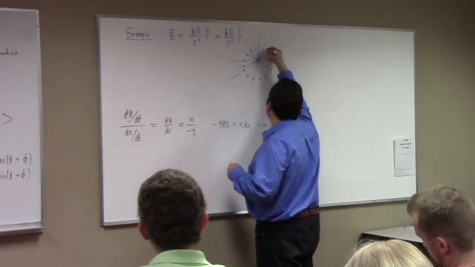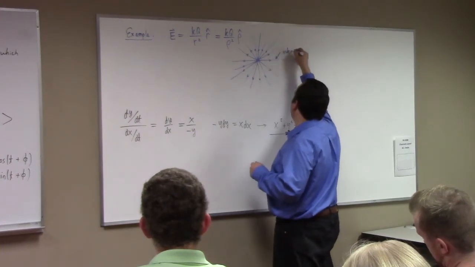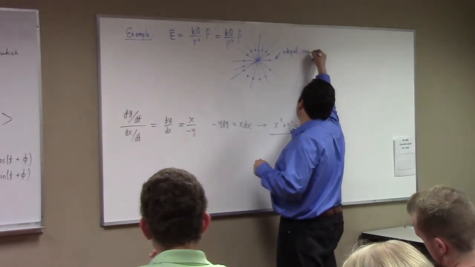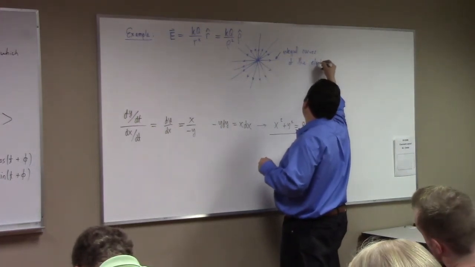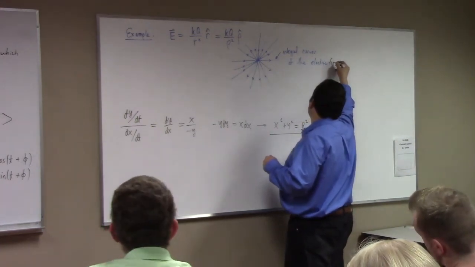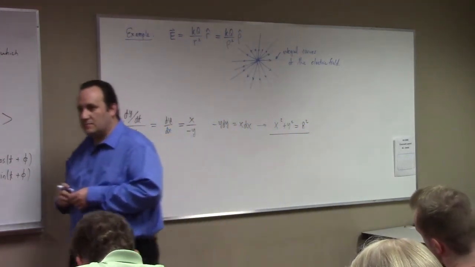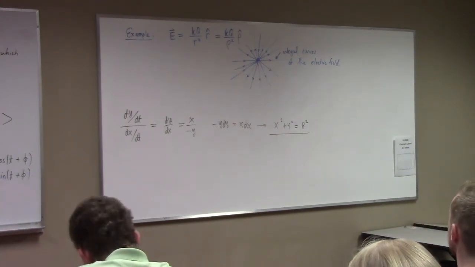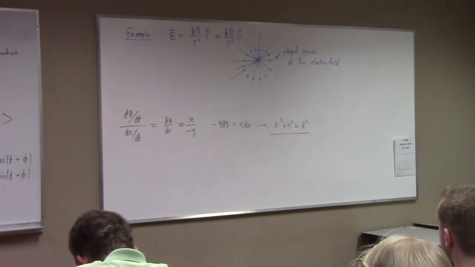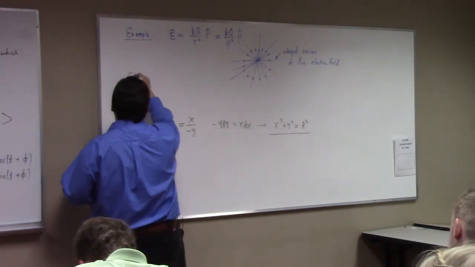So these lines I'm drawing for you, these are the integral curves of the electric field. And this is also known as the spherically radial field. The magnitude obeys the inverse square law, right? So that's one example.